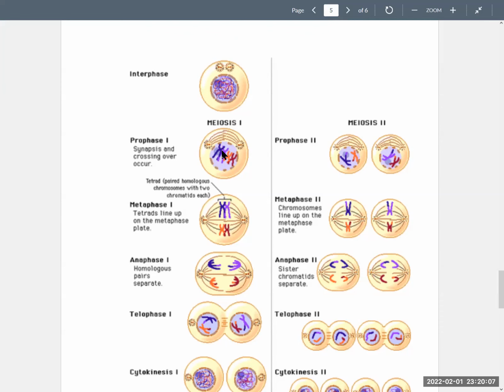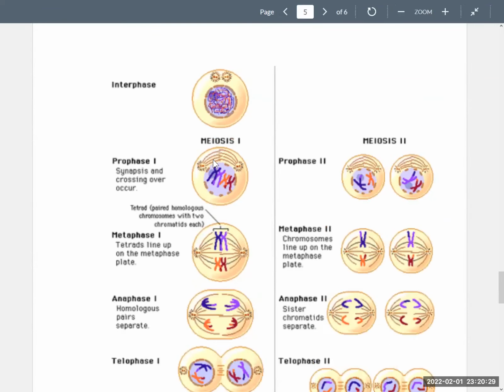That's where the doubling occurs. And the crossing over, the recombination occurs here as well. The nuclear membrane breaks down. The nucleolus is disappearing. They still show it a little bit right there if you can spot that. And that's the end of prophase 1.